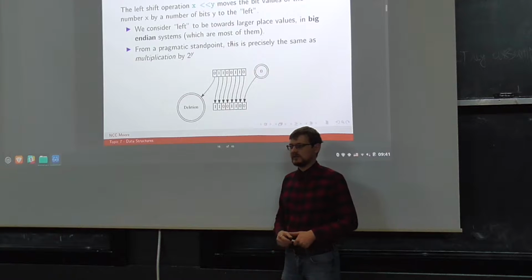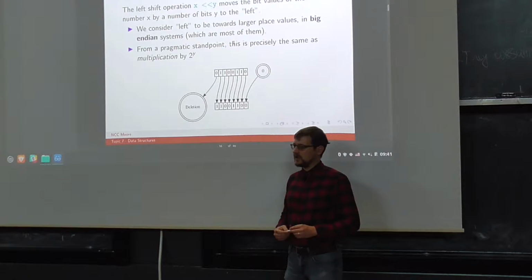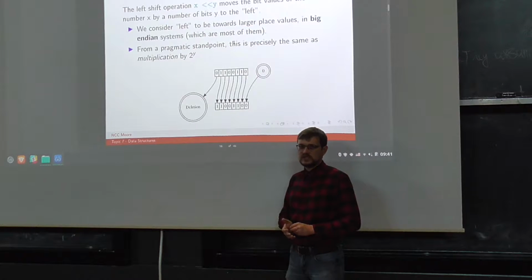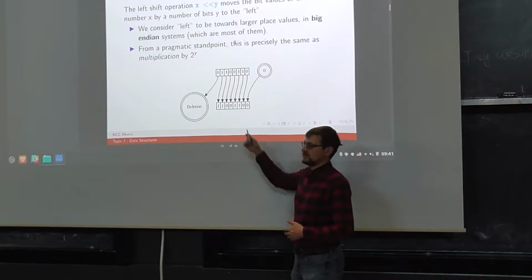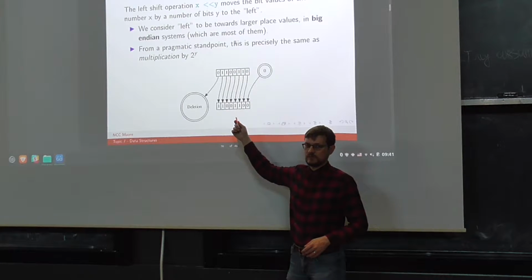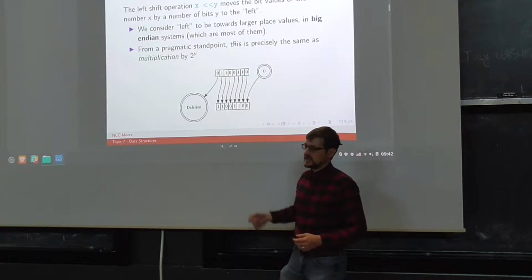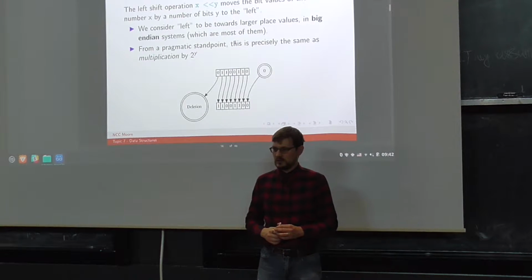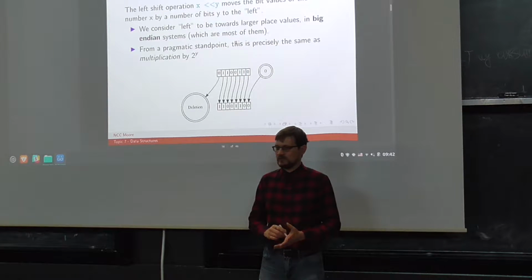Multiplication itself is actually a very complicated circuit. So if you are just multiplying by some power of 2, it's a lot faster in terms of circuit time to perform a left shift operation rather than a full multiplication, right?